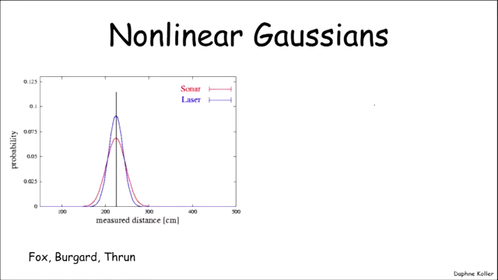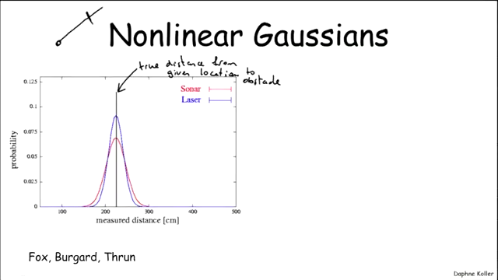So here, let's imagine that this line over here represents the true distance from the robot's current location, from a given location, to an obstacle. So if we're conditioning on the robot's current location, and we're asking, if I look in this direction, how far is it before I hit an obstacle?